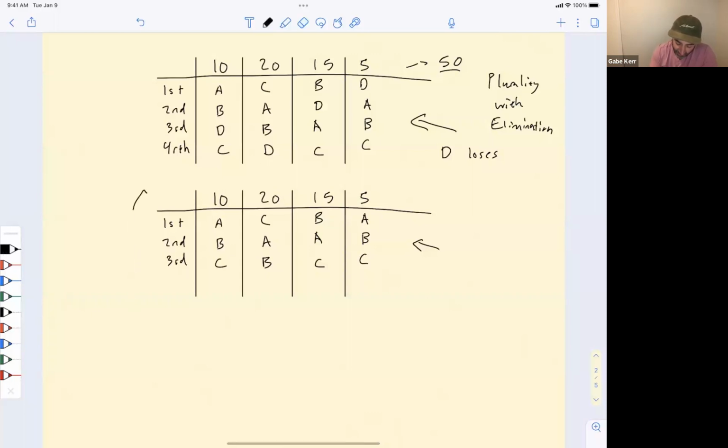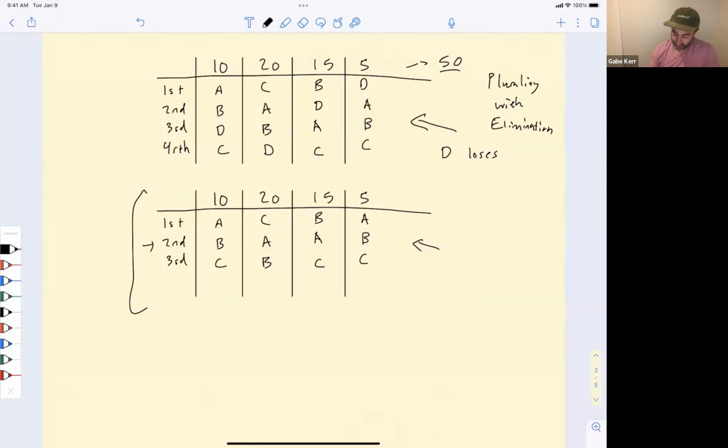So I believe what we do when we have a plurality tie for loser is look at second place and see who has the lowest number. It looks like B has the lowest number of first and second place votes. So A and B are tied for losing, but B really loses in second place too.